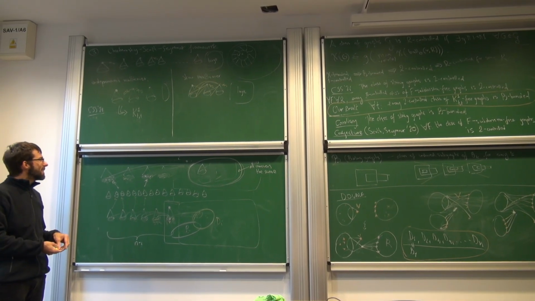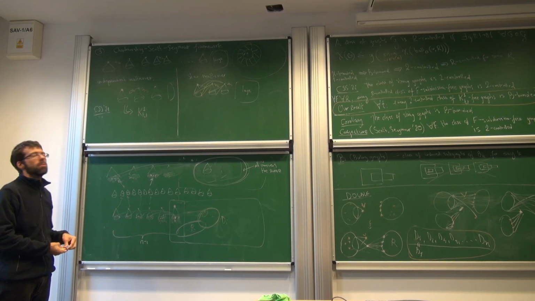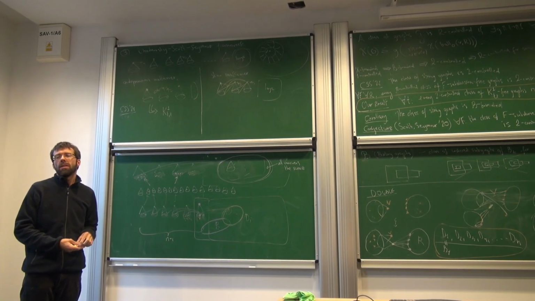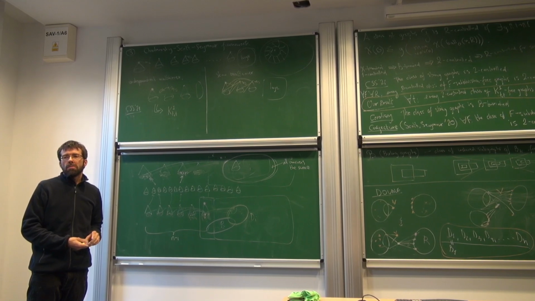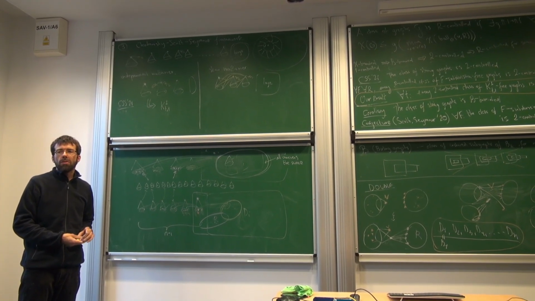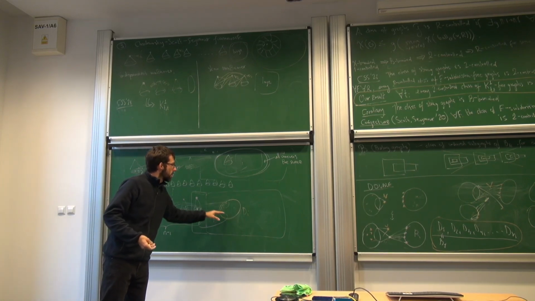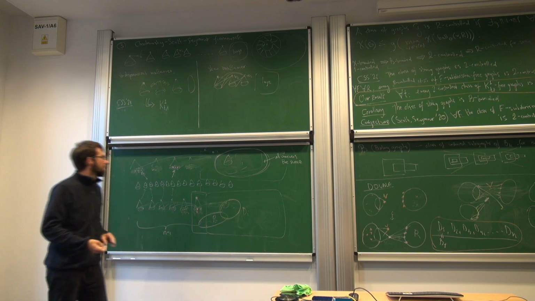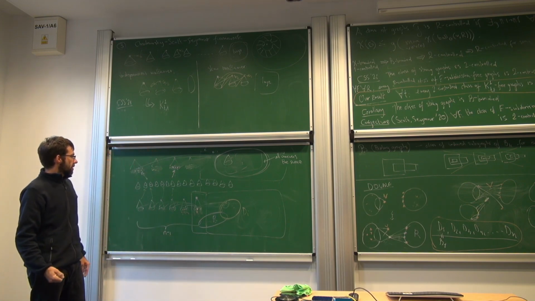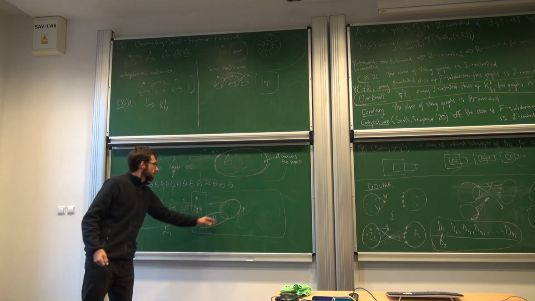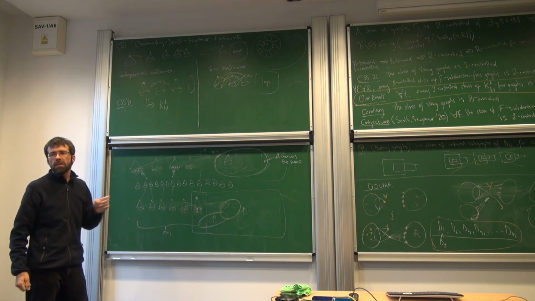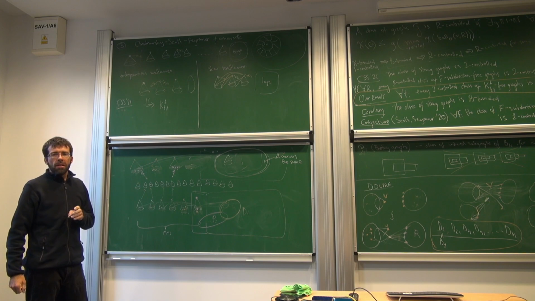Okay, so things get more complicated if you want to get induced subgraphs, because we need to take care of non-edges, and we need to take care of the fact that, for example, we could not use the same vertices many times.